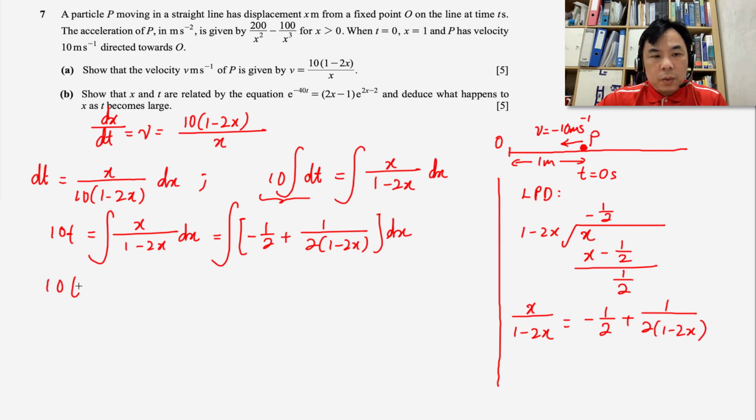We will have 10t equal to, shouldn't be a problem, that is just a negative half x. And then this part you have to be very careful, it is actually 1 over 1/4 because of this negative half, and then the entire thing becomes ln 1 minus 2x.